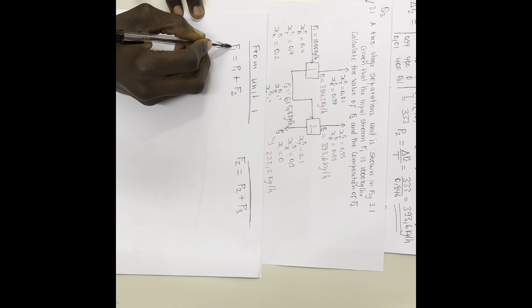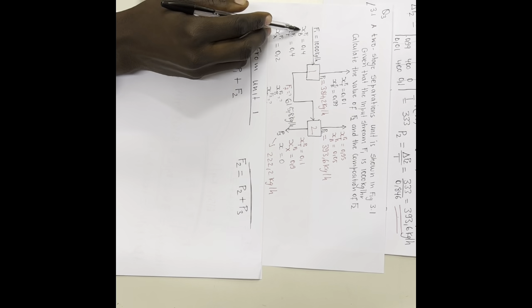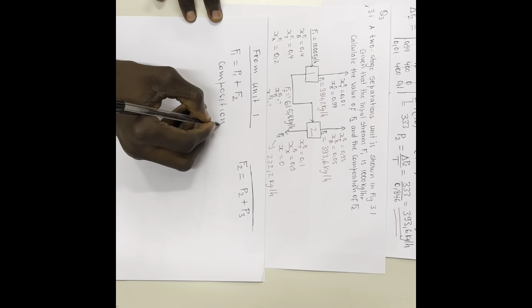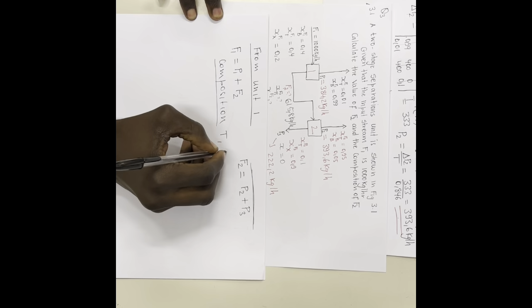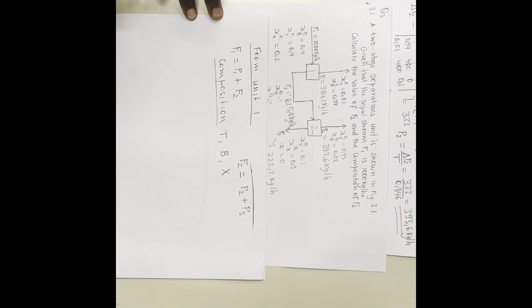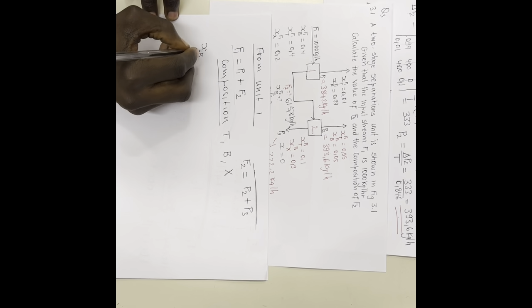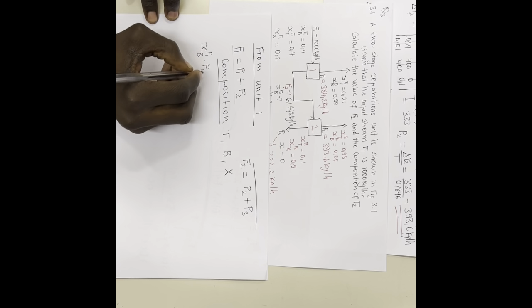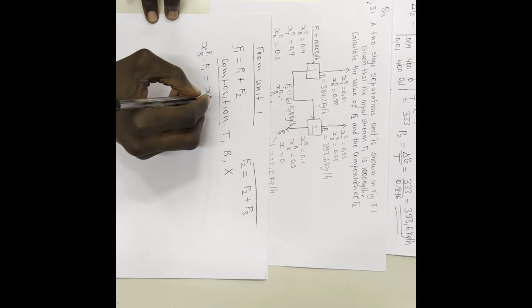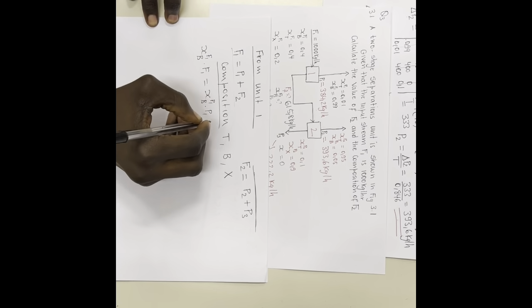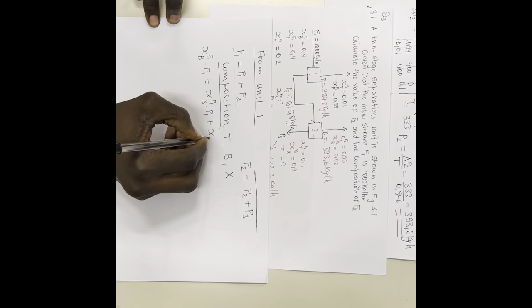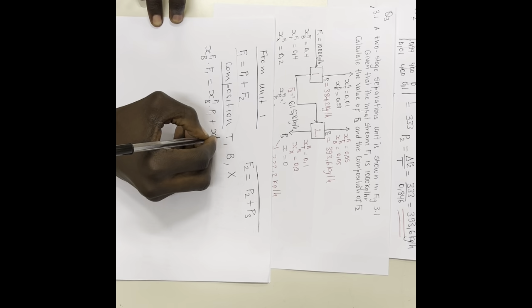So now we know already F1. What is F1? It's already 1,000. So now we are looking for the component composition, the composition of toluene and benzene, and that's X. So from this formula, it's just gonna be F1 times X of benzene in F1 equal to P1 times X of benzene in P1 plus F2 times X2, B for benzene, in F2.